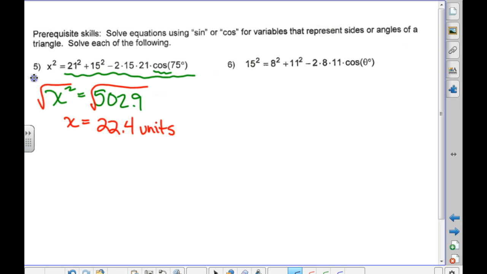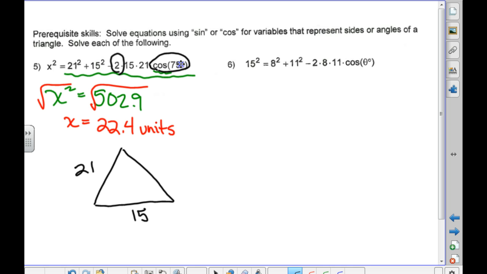Now, let's talk about how they came to have this set up for law of cosines. The law of cosines says x is some side length, and 21 and 15 are two other side lengths on this triangle. So you have one side squared plus another side squared minus, this 2 is part of the formula always, and then it's 21 times 15 or 15 times 21, doesn't matter, times the cosine of the angle.